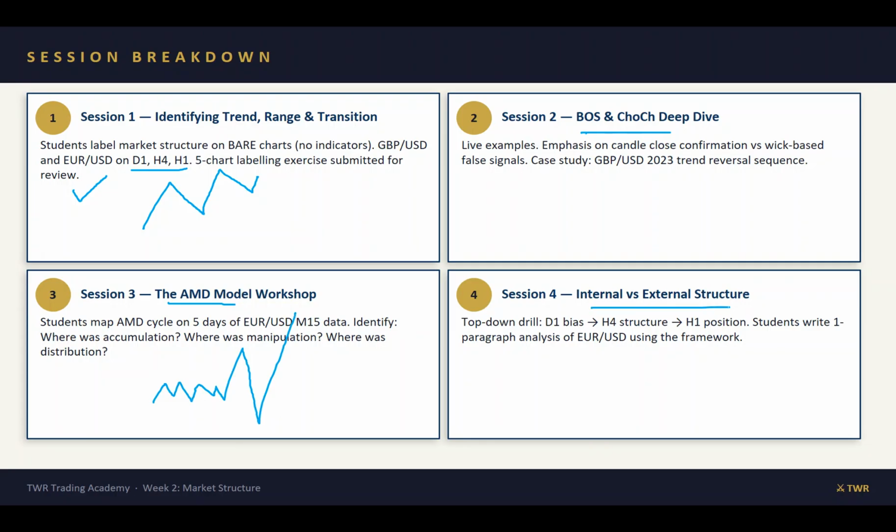Number four, go and look at how different time frames align. If the daily time frame is in a bullish trend, we know that the 4 hour or 1 hour will be bullish. Then if we begin a bearish pullback, you know that price will shift in the internal structure, as we have seen.